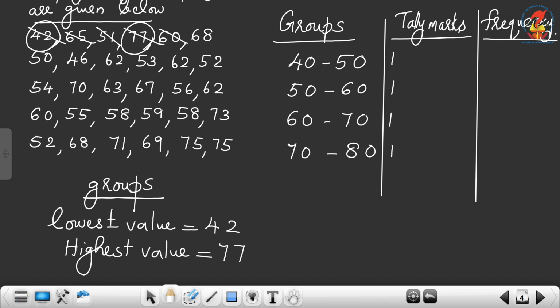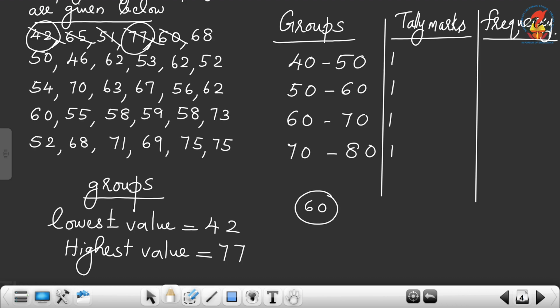Then 60. Where will you mark this 60? 40 to 50 means you have to consider all the observations below 50; 50 is not included in this group. 50 to 60 means all the observations below 60. Then 60 to 70 means all the observations below 70.